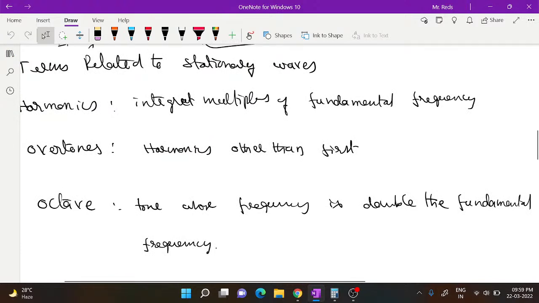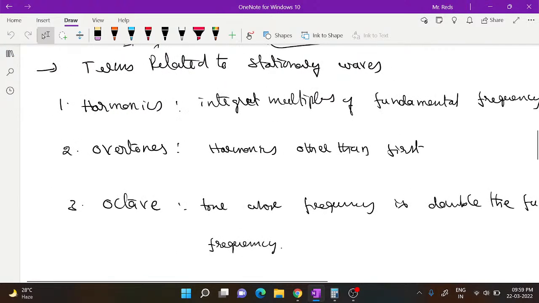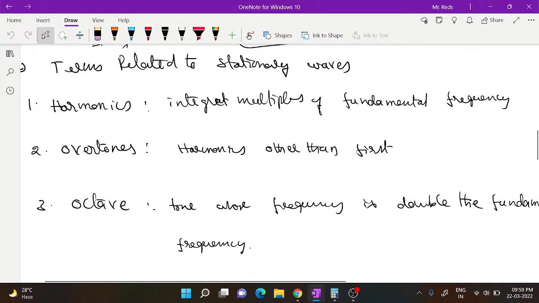Harmonics means the modes which have integral multiples of the fundamental frequency are called harmonics. Overtones means the harmonics which have frequencies other than the first harmonic.